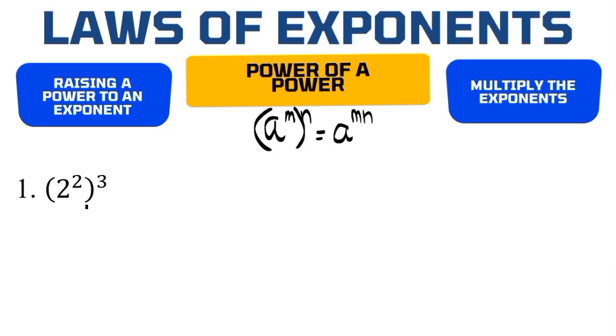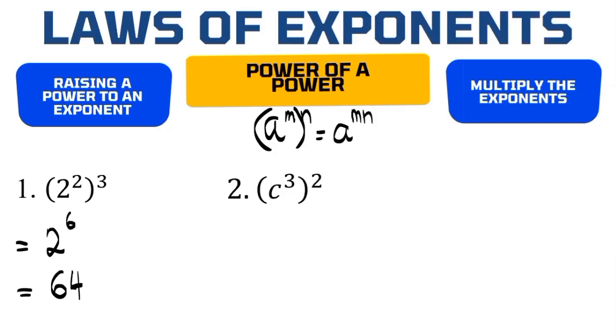So we have here the quantity of 2 squared raised to 3, which is equal to 2 raised to 6. Again, copy the base and multiply the exponents, and the answer here is 64.